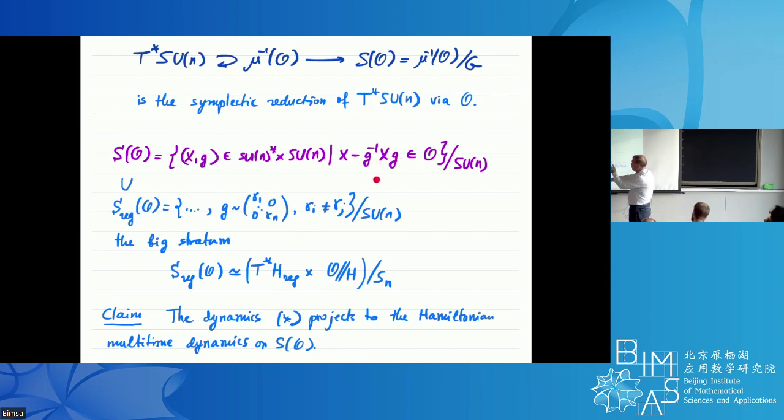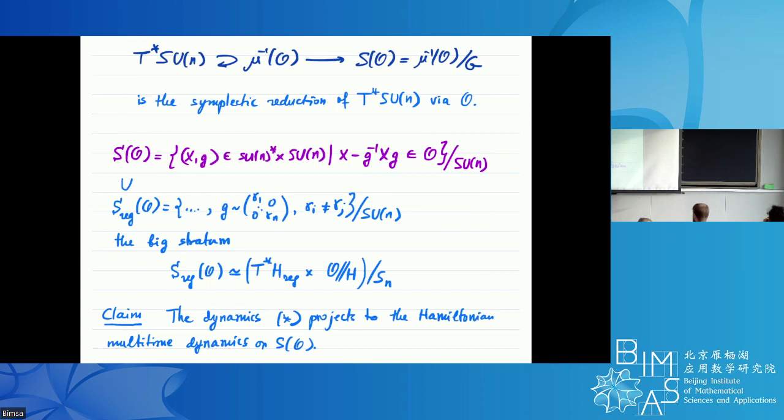And so our symplectic space is the following. You take the space of pairs (x, g) from this Cartesian product that satisfy the condition that this combination of x and g belongs to the orbit O, and then you mod out this whole thing by the action of SU(N). Now, as I already said, this space is actually a stratified symplectic manifold, in the sense that there is a big smooth stratum, and then there are low dimensional pieces glued to it.